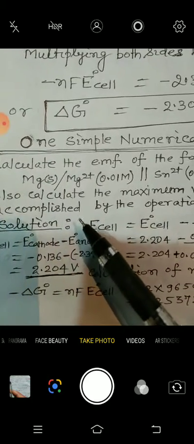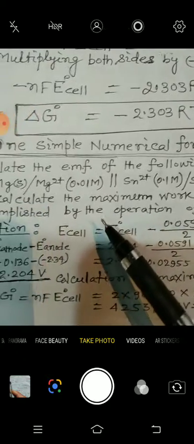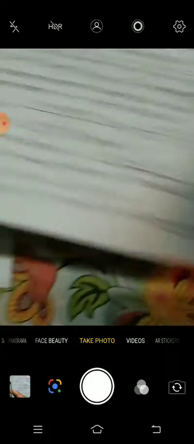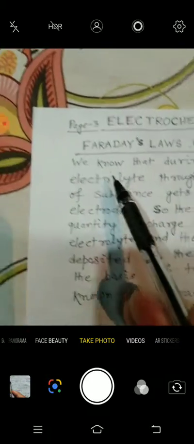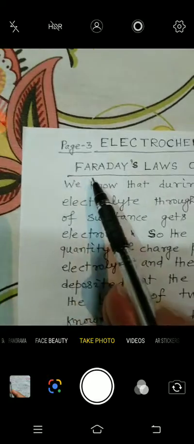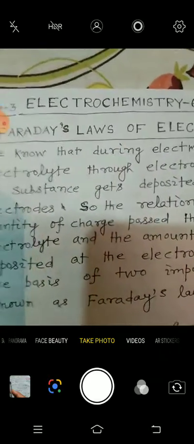When you see it, you will become clear how the numerical is asked on the basis of such types of relations. For this, I will send the material through a PDF file. You will see it.